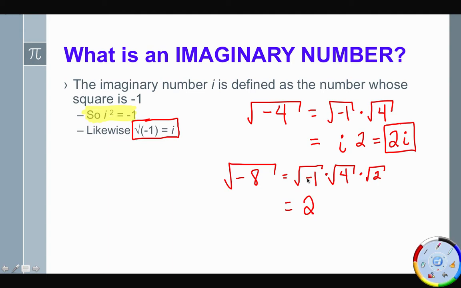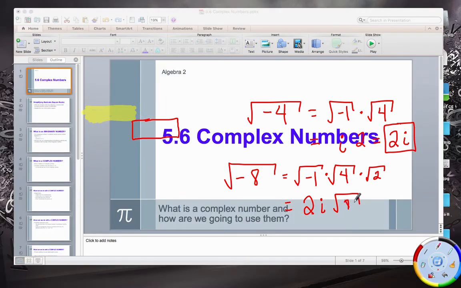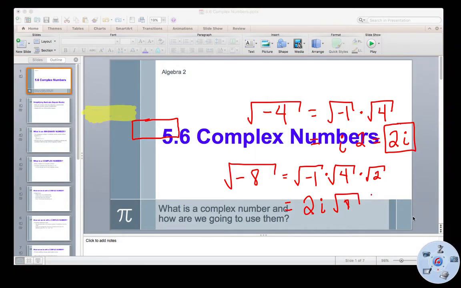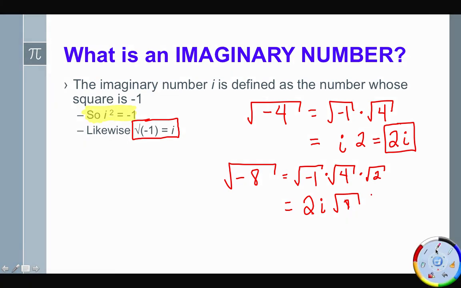The square root of -1 is i, and the square root of 2 remains the square root of 2. There we go. So the same property applies as we use the splitting of the square root in such a way that we can get the imaginary number outside and simplify anything else that's important.